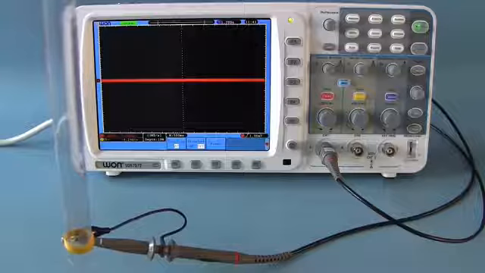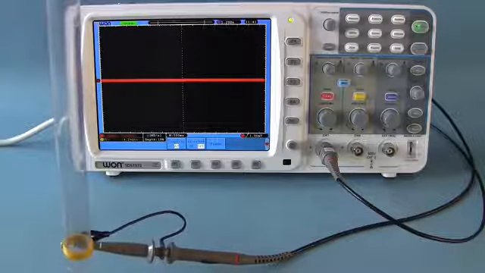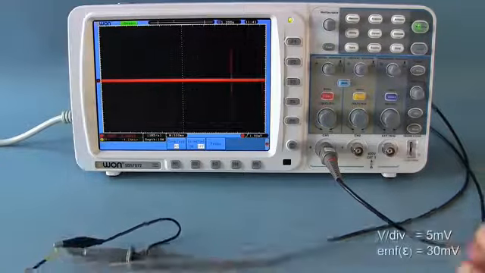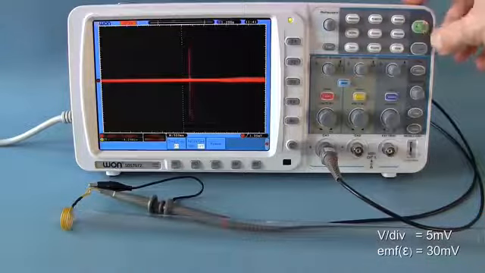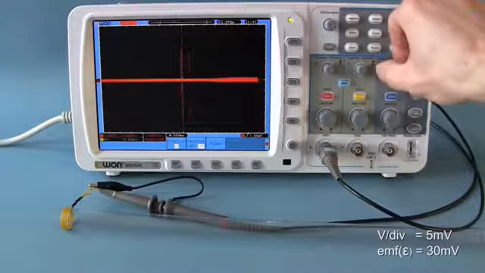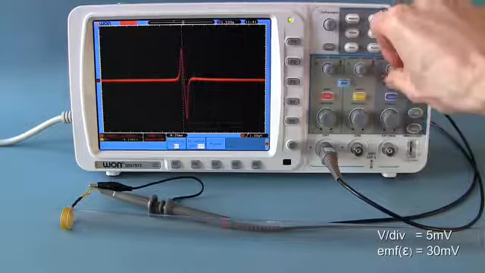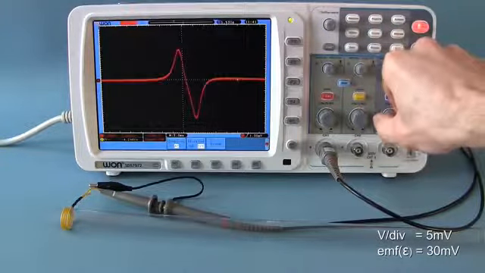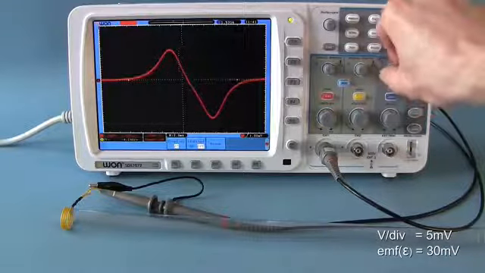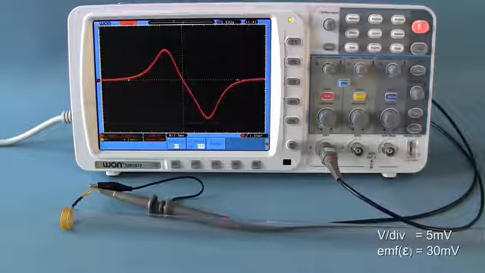Watch the screen of the oscilloscope and see what happens. Okay, now let me zoom in on that voltage spike that we see. So by dropping these magnets, the change of the magnetic field is faster and the voltage difference is significantly higher, in this case 30 millivolts.